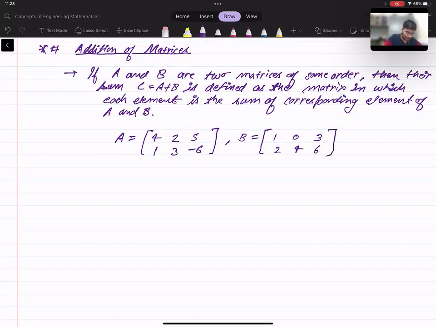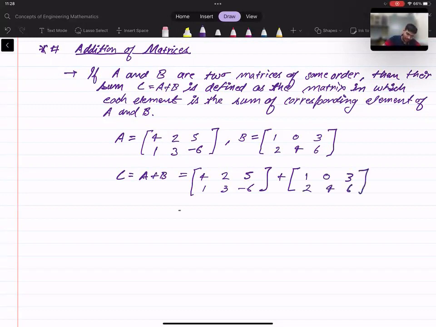Okay. So the sum matrix C will be nothing but the summation of corresponding elements.